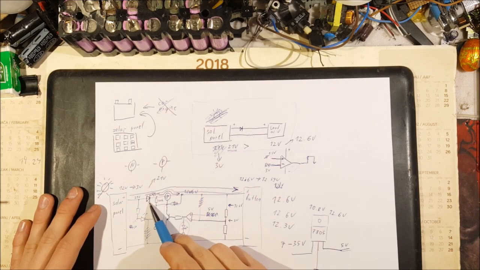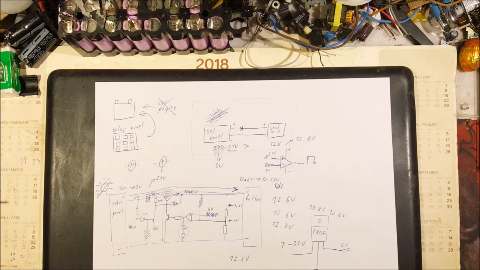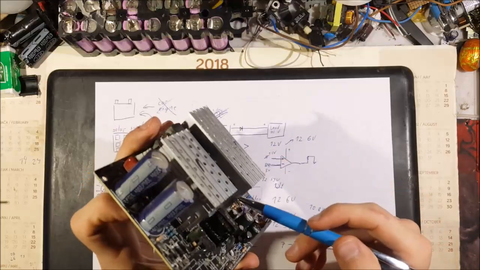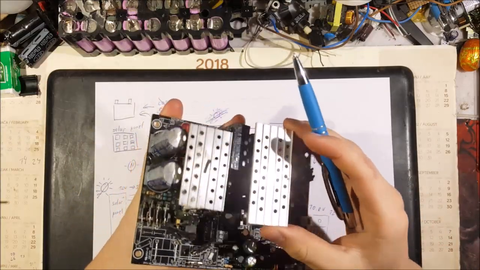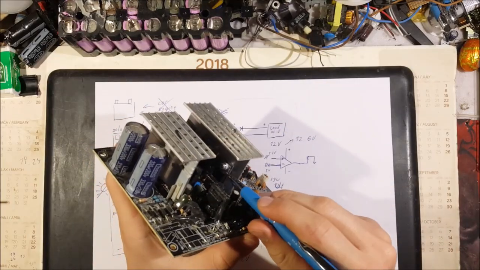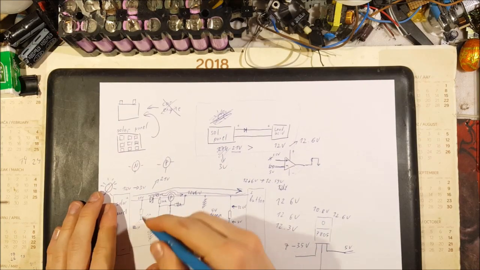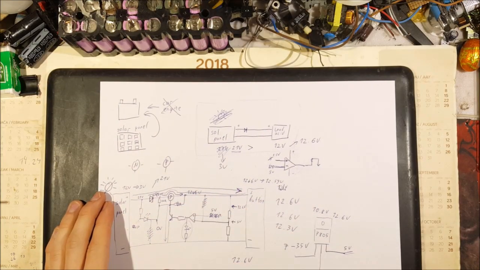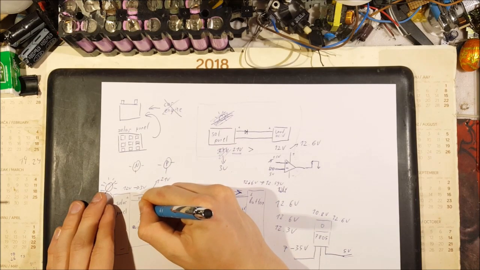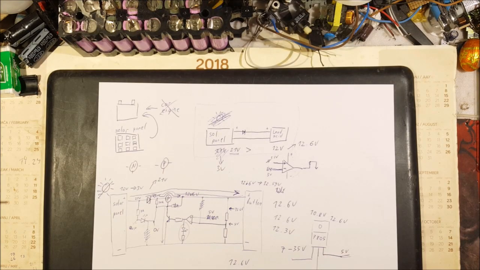This Schottky diode, I will most likely just use whatever I find in like this motherboard of a ATX power supply, because it features these quite big and powerful Schottky diodes. This resistor right here, we can use 1 kilo ohms, so we have a nice and bright indicator light.